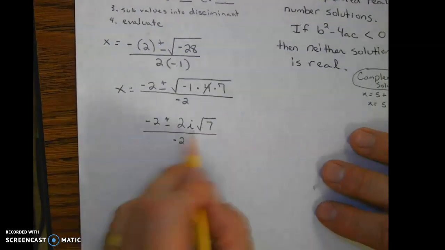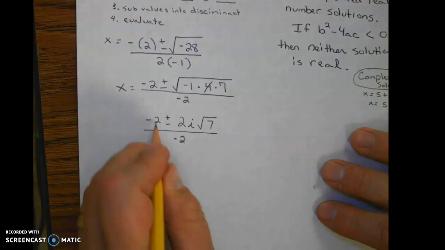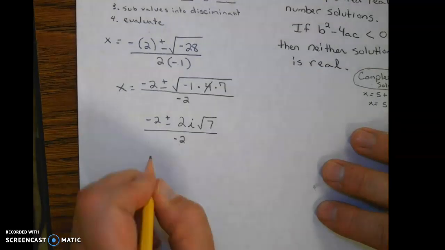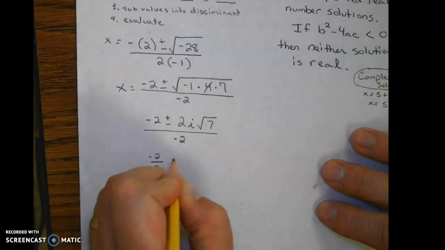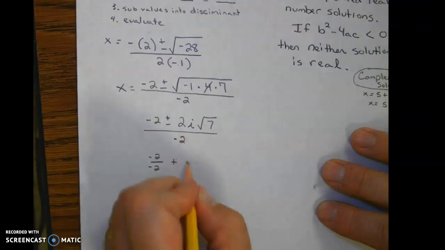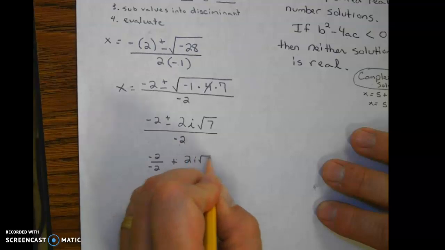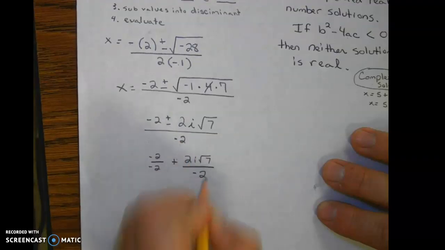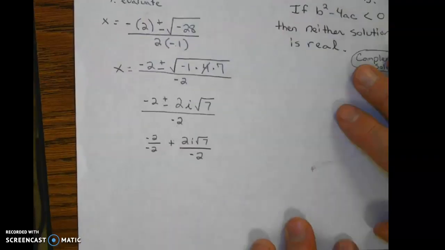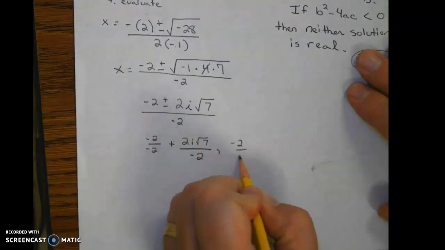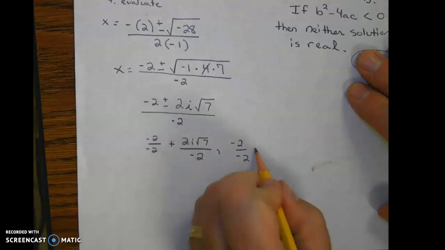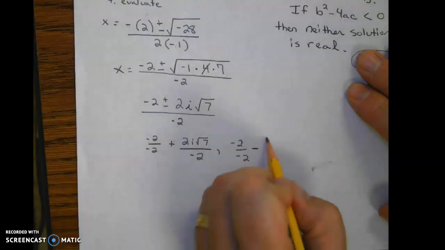We're then going to break this into 2 fractions, so we're going to divide the first term by -2. We'll do the plus first. And our second answer, we will be utilizing the minus.